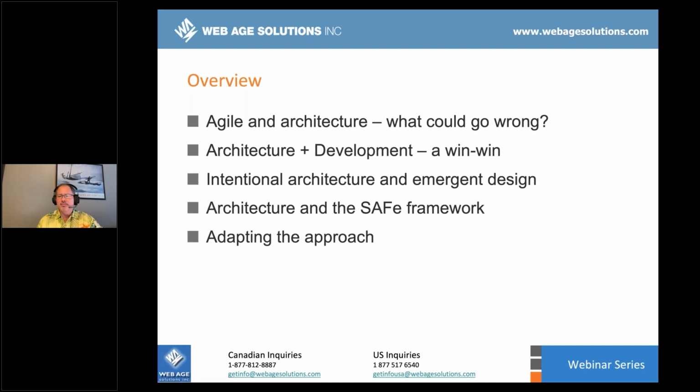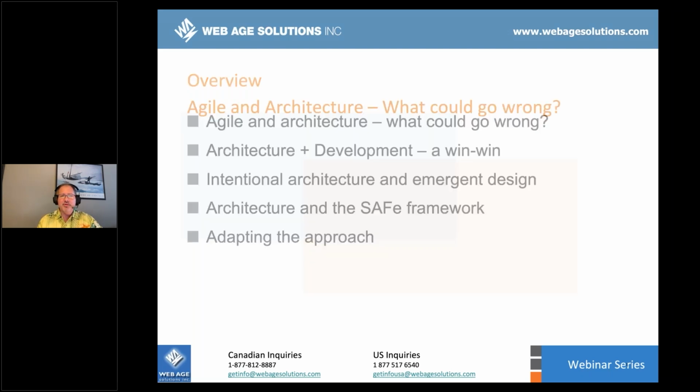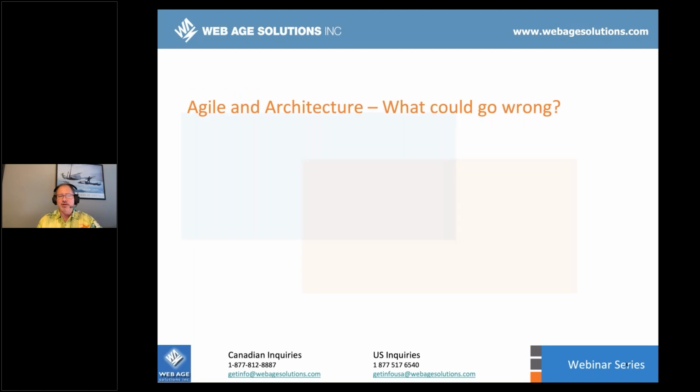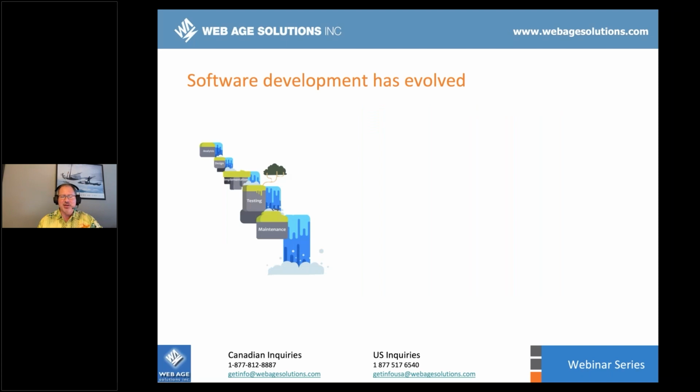So let's begin with Agile and architecture together, with the observation that software development has really evolved over time. The graphic is an illustration of a waterfall methodology. And of course, nobody ever really did absolutely pure waterfall, but we used to be pretty waterfall based. We completed a phase before we moved on to something else.